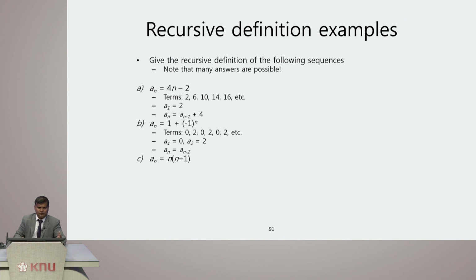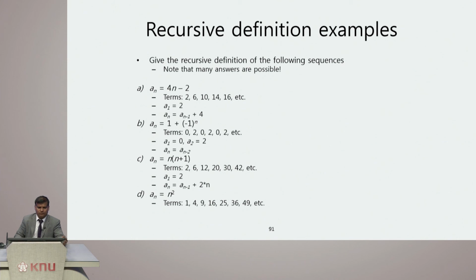The third one is a sub n equals n times n plus 1. So we have the terms 2, 6, 12, 20, 30, 42, etc. We have a1 as 2, then a sub n equals a sub n minus 1 plus 2 times n. Then we have another one, a sub n equals n squared.